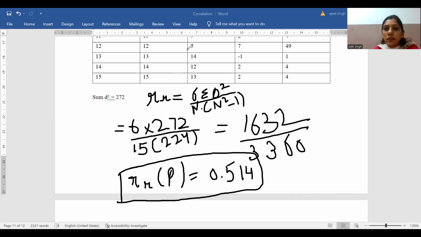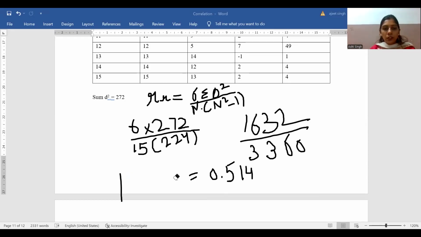Just a second. We have forgotten one thing in this formula. Let me erase it first. Okay, just a second. So there is a little mistake we have made. 1 minus.